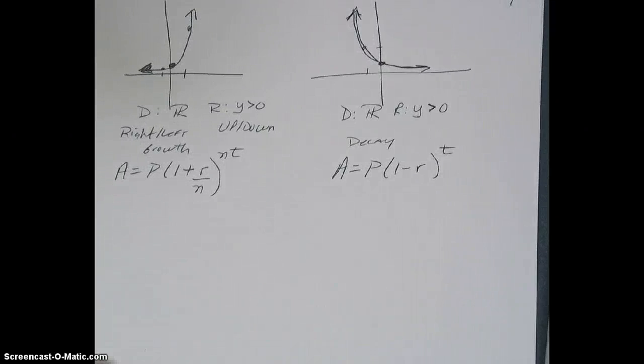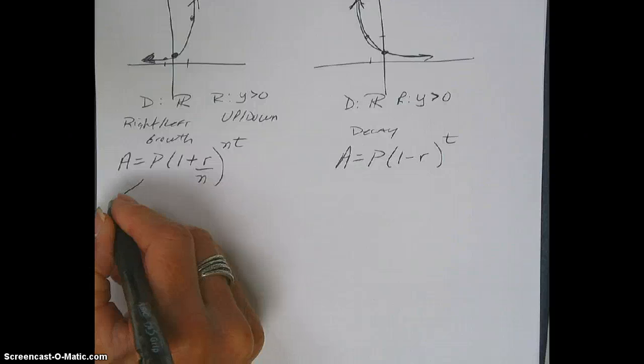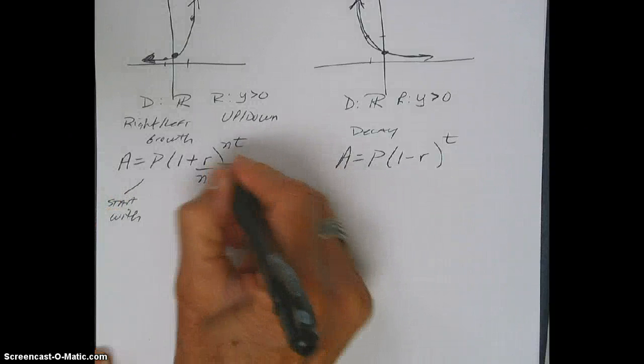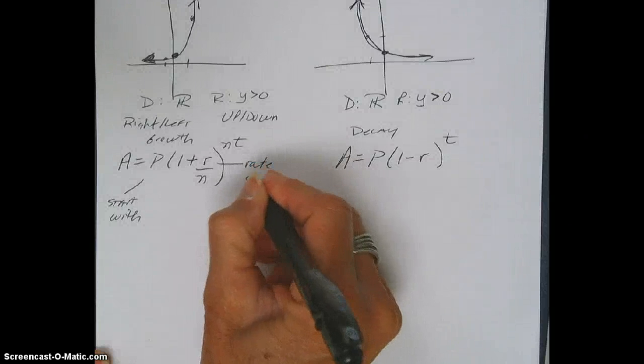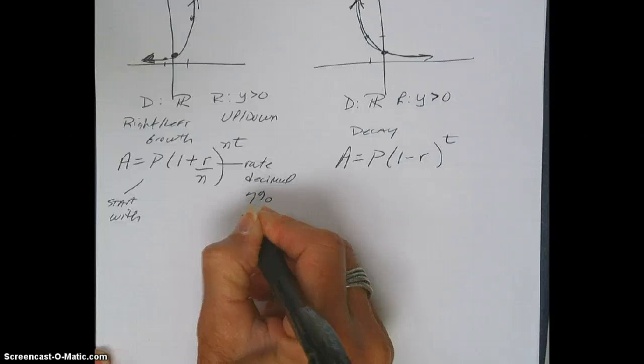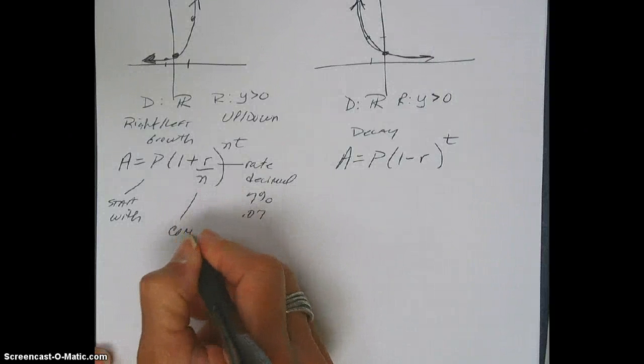So a quick review of what all these variables stand for. P is what you start with. r is your rate, but remember to put that in decimal. So if you have 7%, this would be 0.07. n is the number of times we compound.